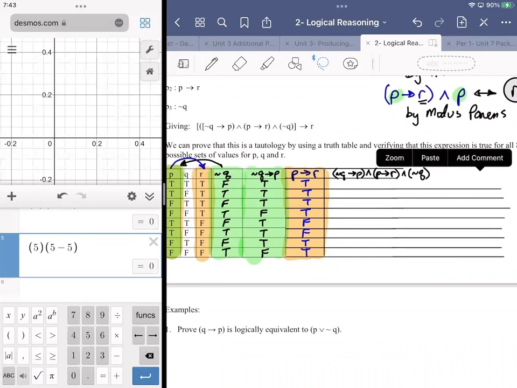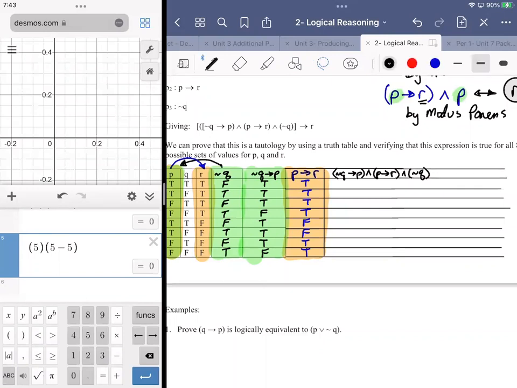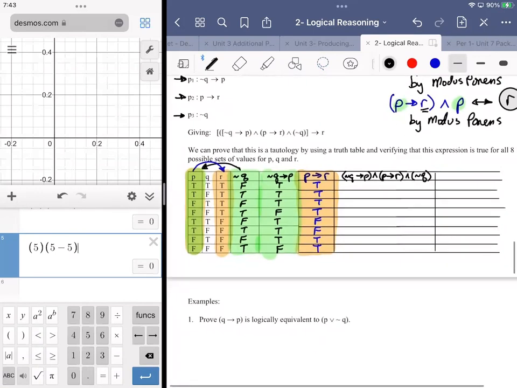Those are the only instances in which the sentence will be true.